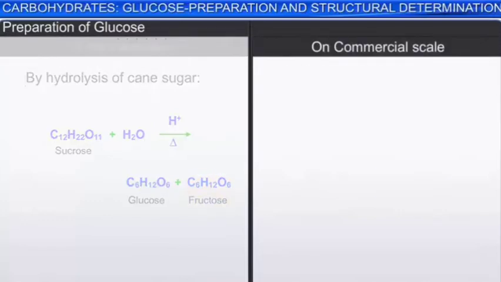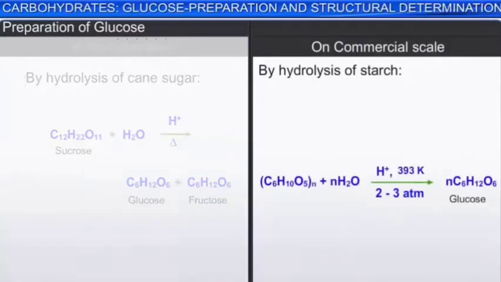On a commercial scale, glucose can be prepared by the hydrolysis of starch. Starch on boiling with dilute sulfuric acid at 393 Kelvin under a pressure of 2 to 3 atmospheres produces glucose.